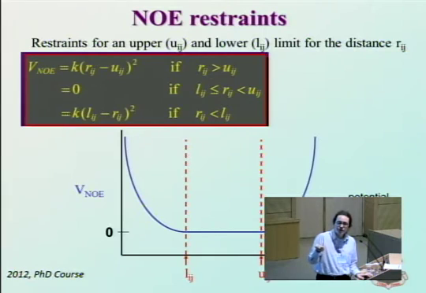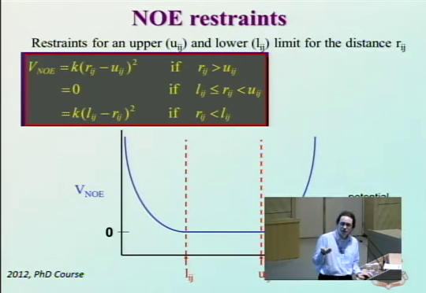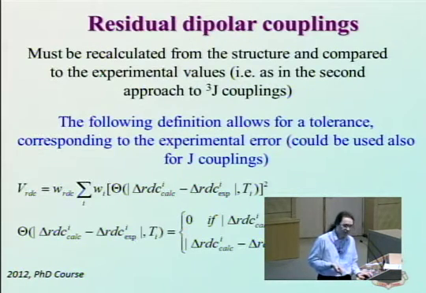If your distance is too short, this will soon go into van der Waals repulsion, so it will actually become rapidly much steeper than this. Or you just get this parabolic term, which is trying to bring the atoms back close to one another if your distance is exceeding the upper distance limit that you imposed. You can do similar things for all the various terms.